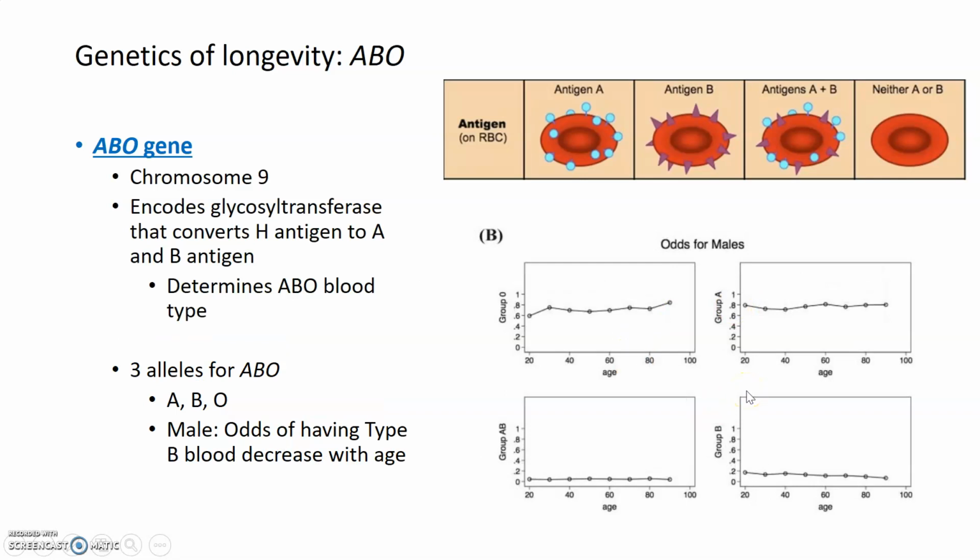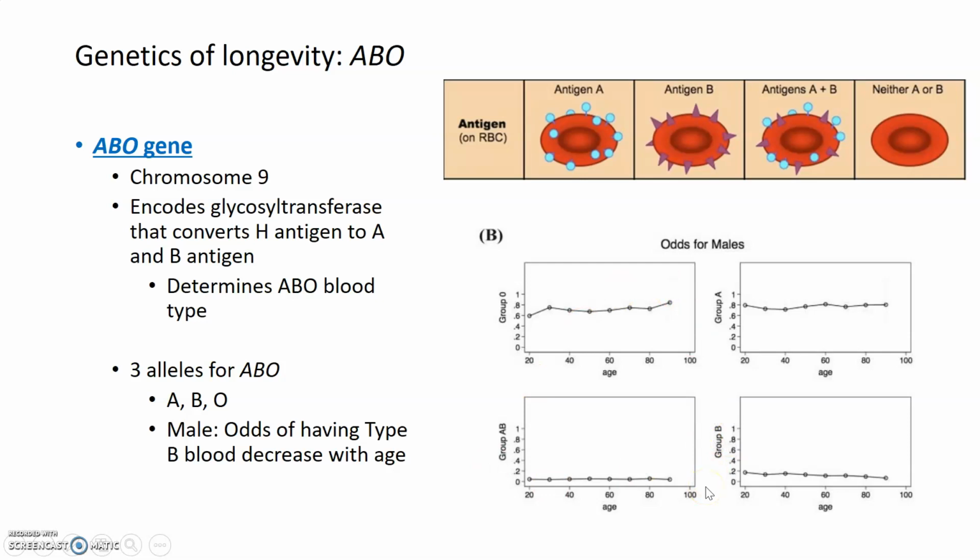And the same is true for males. So the odds of having type B blood also decreases with age. And so it's possible that there's some relationship between blood type and how long you live, with people who have type B blood, or at least one B allele for the ABO gene, living shorter or having a decreased longevity as compared to other blood types.